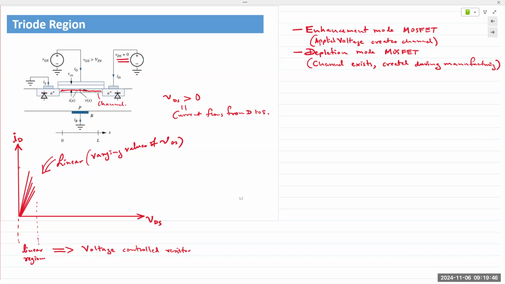Does that make sense? The terminal is called the source because it is the source of electrons, because we are applying negative at that terminal and positive at the other terminal. So positive is the drain, negative is the source, hence VDS. And so electrons will now drift in response to the electric field, attracted by the positive charge of VDS, and current flows from drain to source.